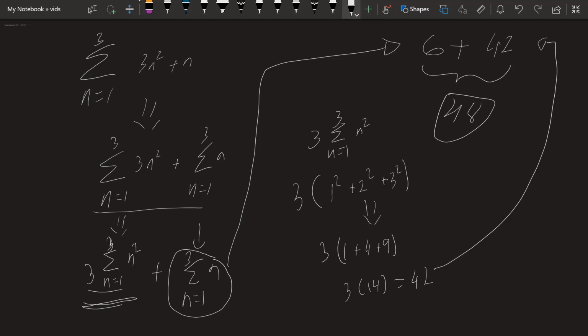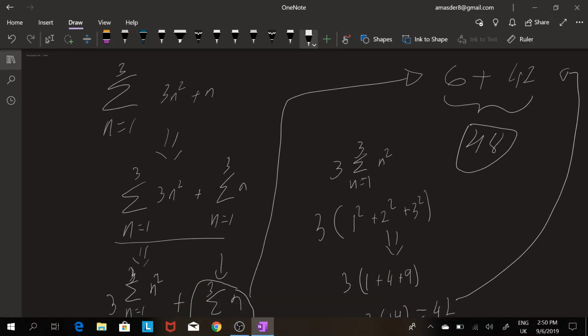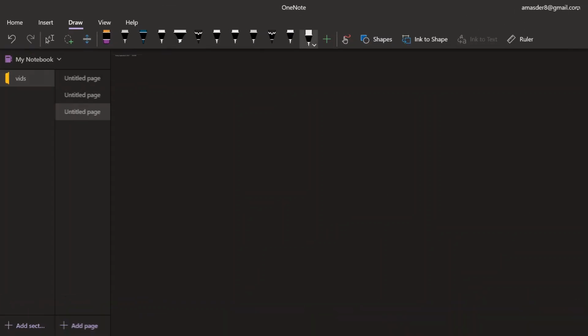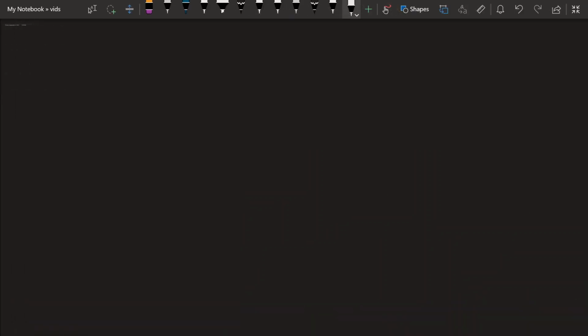Let's do another example, and for you to understand, hopefully. Let's say you had sigma as n goes from 2 to 5 of n, right? Now, we can't solve this by just saying the answer is equal to 1 plus 2 plus 3 plus 4 plus 5.